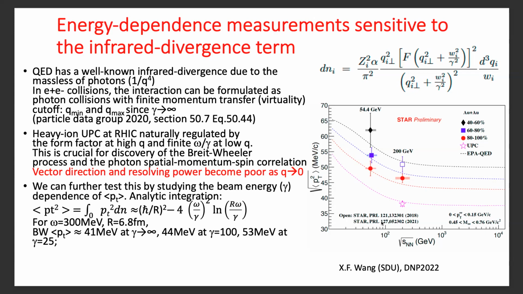The mean PT at low energy actually gets bigger because the projection of the electric components under the Lorentz boost on the longitudinal direction is bigger. That's why it's a very weird distribution. At low energy, your PT distribution gets a bit higher. And we can test this with low energy data.